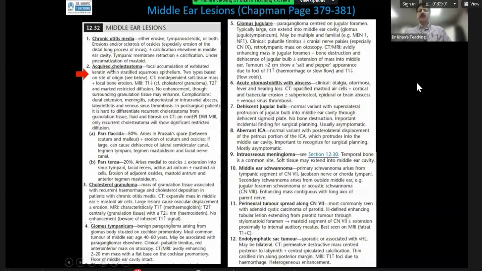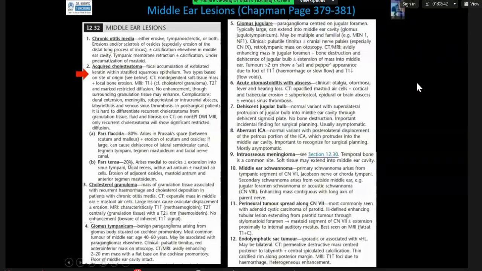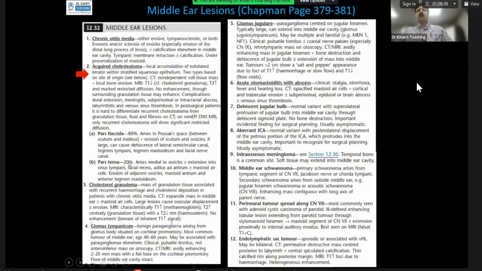Cholesteatomas, of course, can be congenital and they can be acquired. We are talking about acquired cholesteatoma here. And the classical location includes pars flaccida, which is 80%, pars tensa is 20%. Candidate 2, you can see my slide, Chapman's slide. Yes, sir.